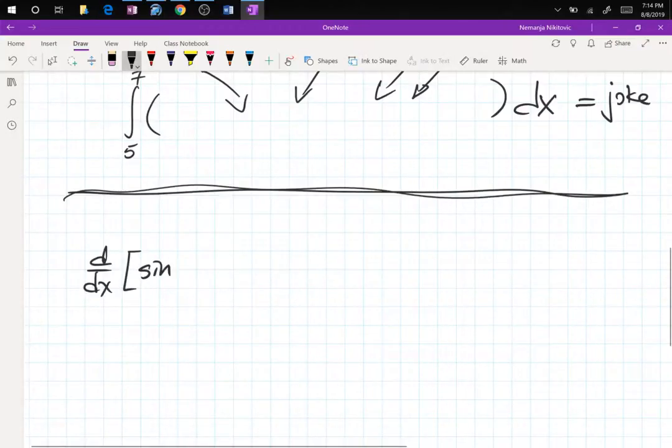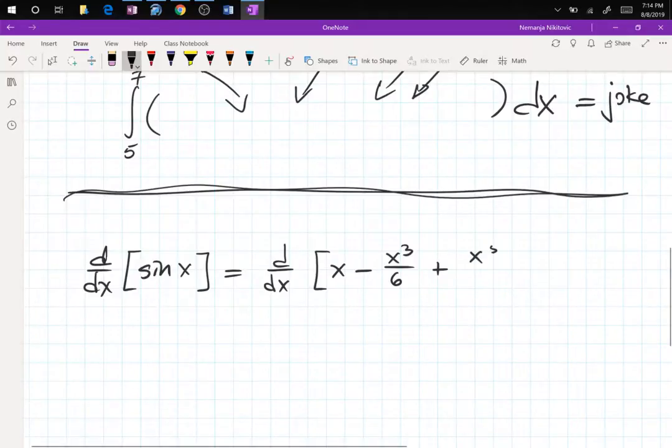we ask our friend Taylor what's the derivative of sine x? Because what the Taylor polynomial is going to do is replace sine x with x minus x cubed over 6 plus x to the 5 over 120 minus x to the 7 over 7 factorial, plus dot dot dot.